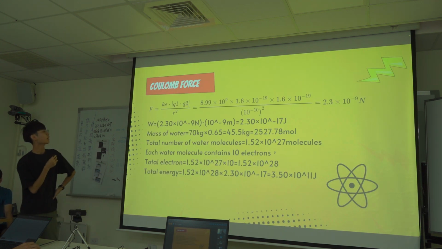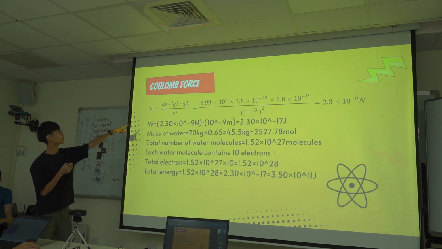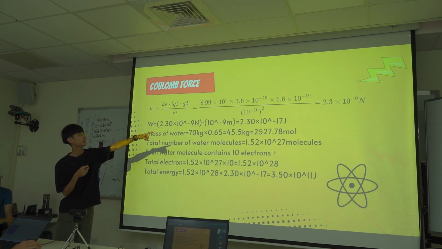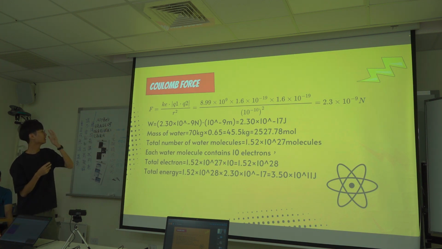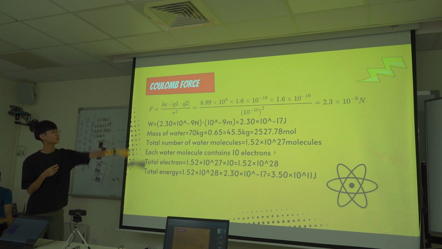And I calculated the Coulomb force here. This is the Coulomb force equation, and it equals 2.3. And the work is equal to that.